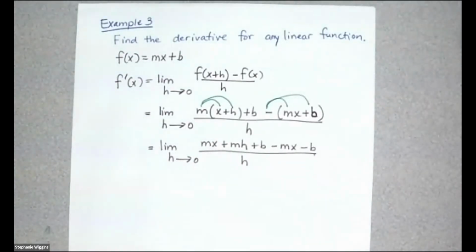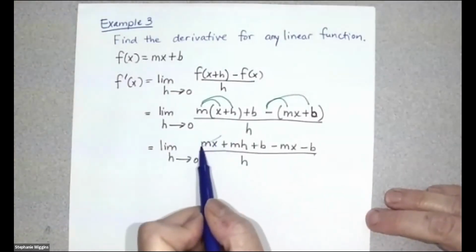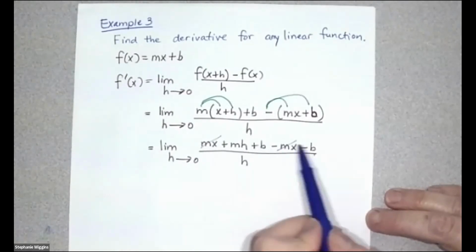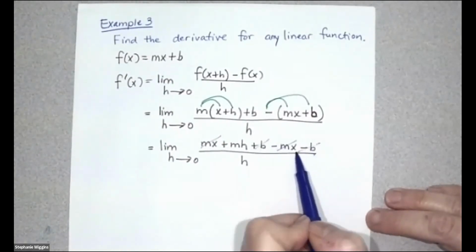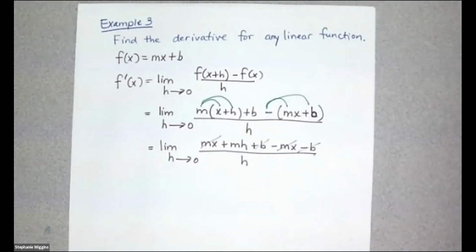And remember I said anything without an h in it at this point needs to cancel. And it does, because look here, we have mx minus mx. And then we have b minus b. So we are left with mh, which has an h in it.